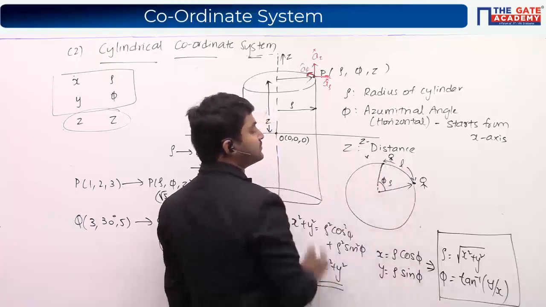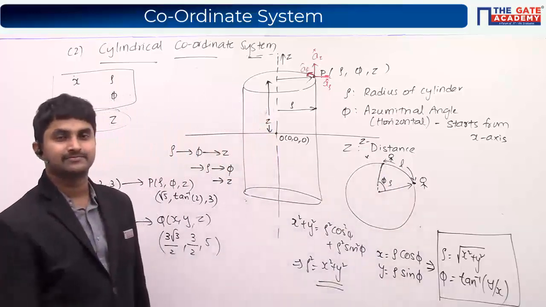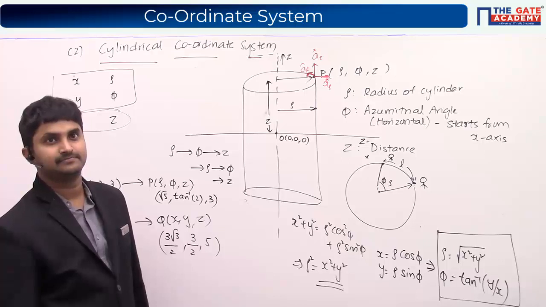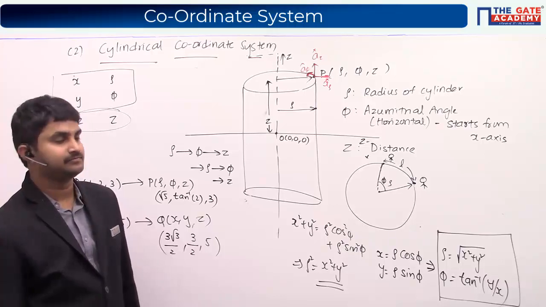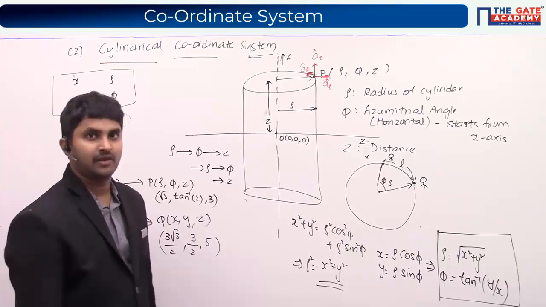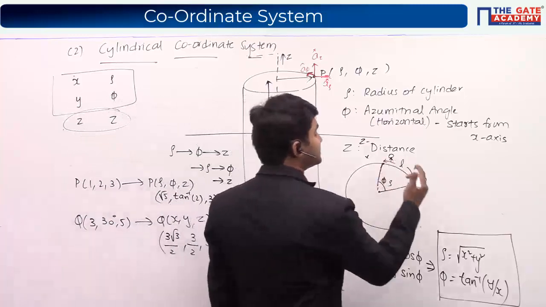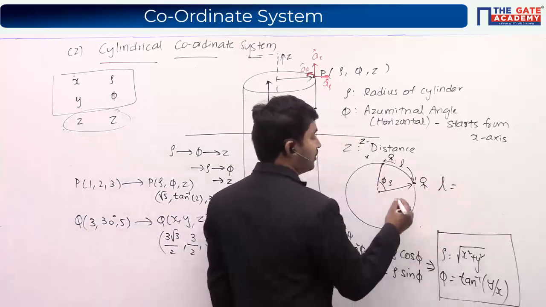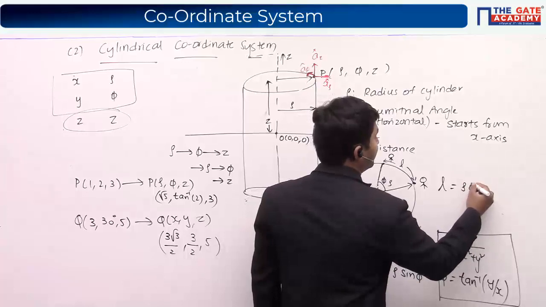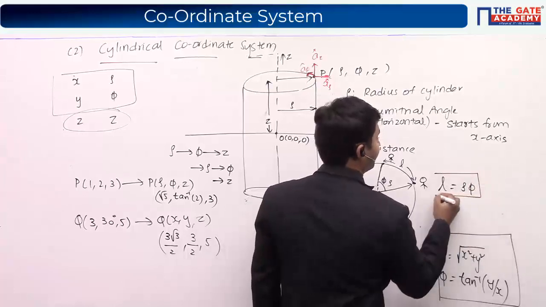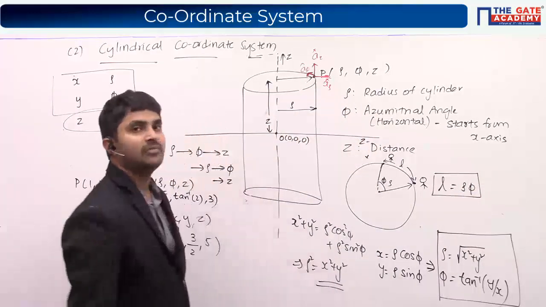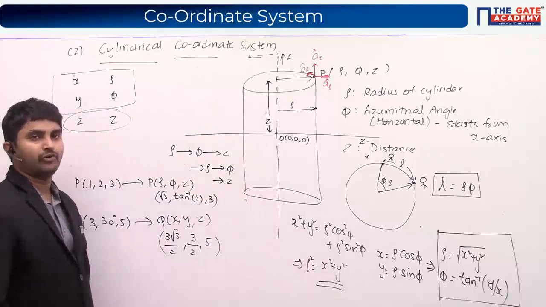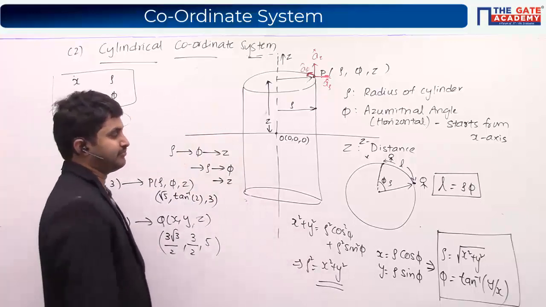Then what is the distance which is covered? The distance which is covered is the length, which is equal to rho multiplied by phi.